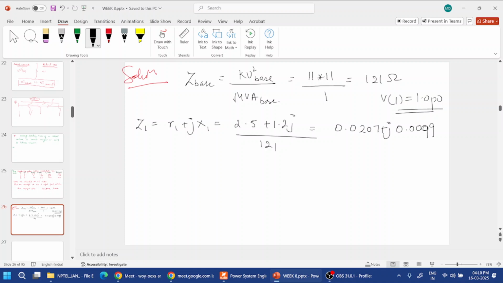Let me check the value: 2.5 divided by 121 is 0.0207, yes, it's correct, and 1.2 divided by 121 is 0.0099, yes. Similarly, we calculate Z2, which is 2 plus j divided by 121. It comes out to be 0.0165 plus j0.0083.